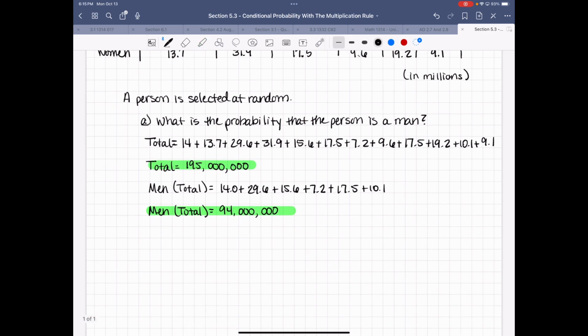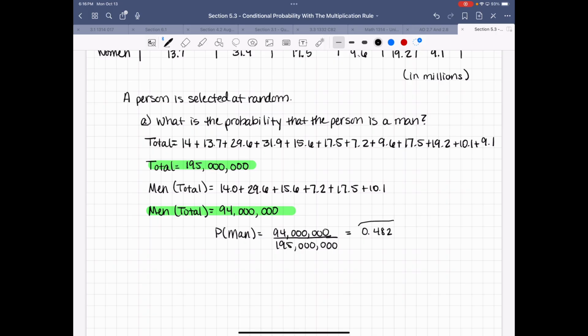Then our probability of choosing a man is going to be the total number of men, 94 million, divided by 195 million, the total that were there, which is going to give me 0.482.